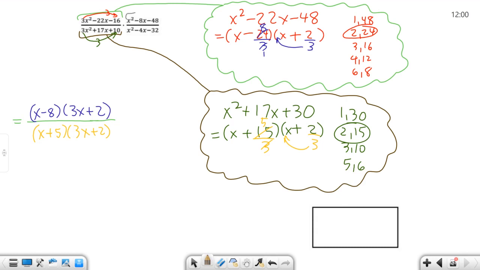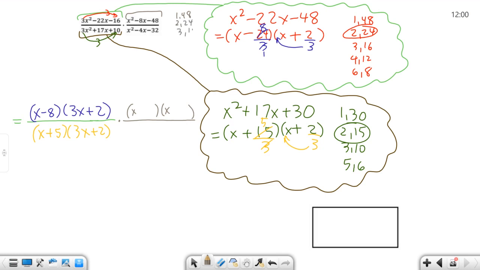And then I'm going to come over here and say, okay, I got to factor this one. That's 3 terms, right? There's a 1 in the front, no GCF, so that's list method. I want the factors of 48 to subtract to give me 8. So I have 1 and 48. So if this works, by the way, it's going to be x and x. 1 and 48, 2 and 24.